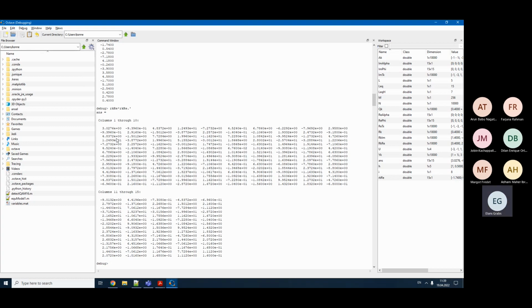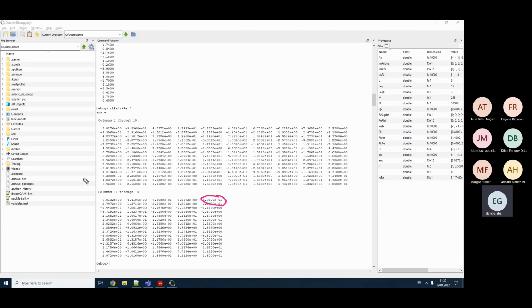So this is our autocorrelation matrix, which is symmetric, meaning that this value and this value, this value and this value, these are the same, and accordingly here it goes like this.